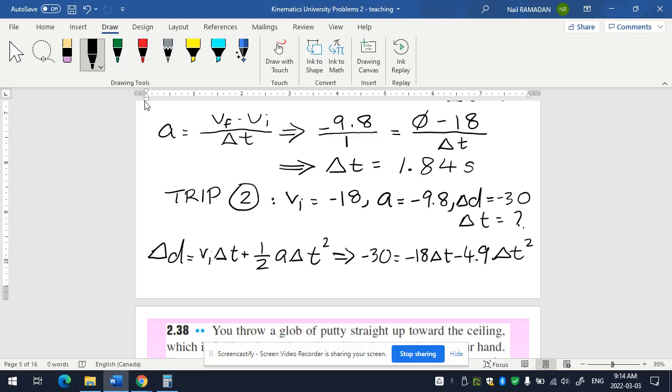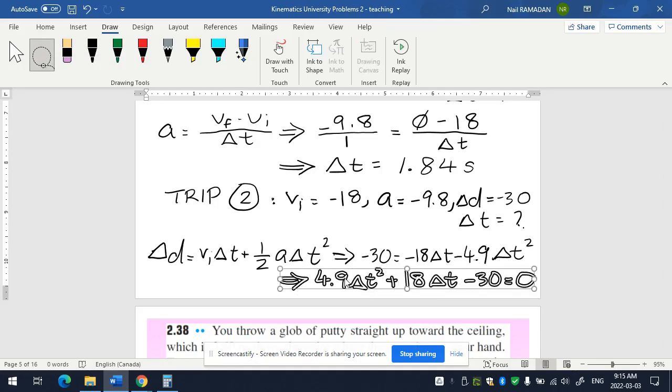By the way, quadratic equations, you have to make it equal to what first? You cannot use the quadratic formula until everything is shoved on the same side. So this is 4.9 delta t squared plus 18 delta t minus 30 equals 0.